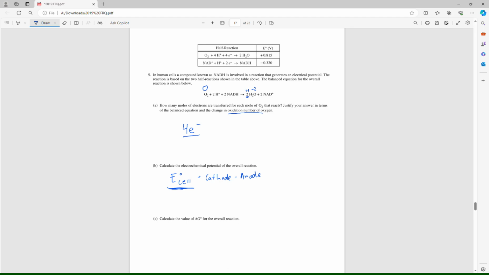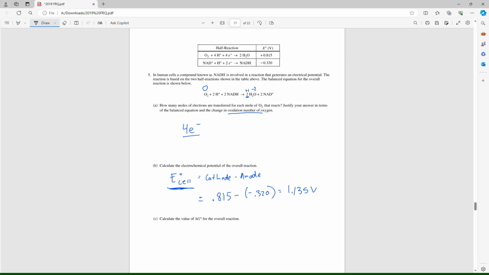These are standard reduction potentials, meaning they are for 1 electron, so there's no need to ever multiply these by any coefficient. So we can just plug these values into our cathode and anode, again, plugging them in such a way that maximizes E naught cell. So we could say this equals 0.815 minus -0.320, which gives us 1.135 volts.